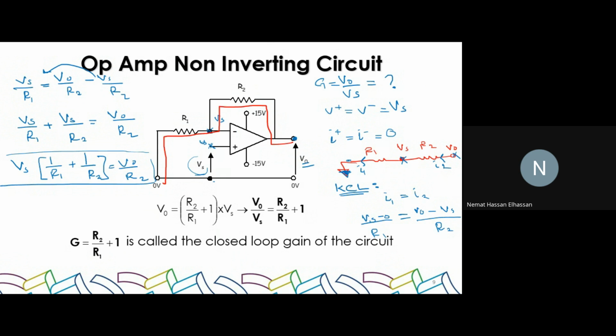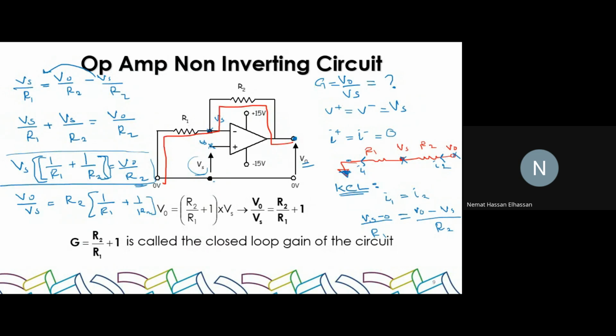I divide by this bracket, 1 over R1 plus 1 over R2, and multiply by R2, right? So what you'll end up with, V out over VS is equal to R2 multiplied by 1 over R1 plus 1 over R2. Does that make sense?